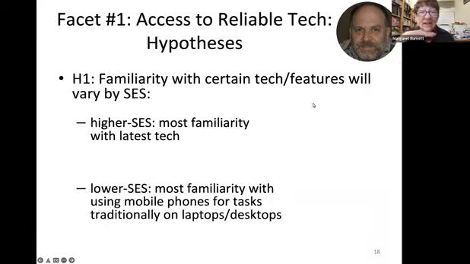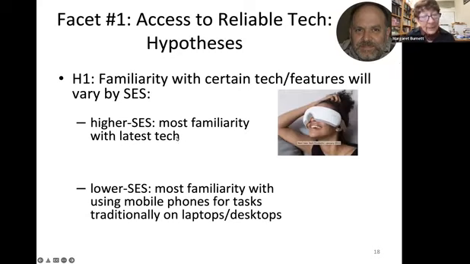So that leads us to some hypotheses that we've derived from this foundational literature. Here's one of them. The hypothesis that comes out of that is that people's familiarity with certain technologies and certain features is going to vary by SES. For example, higher SES people are going to statistically have more familiarity with the latest and greatest tech.